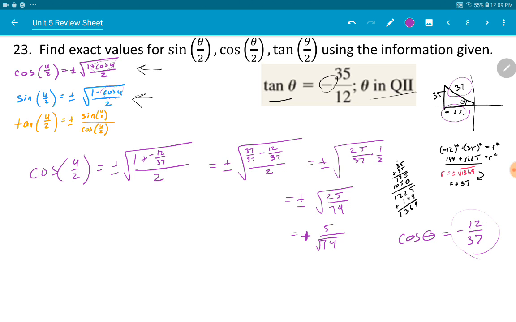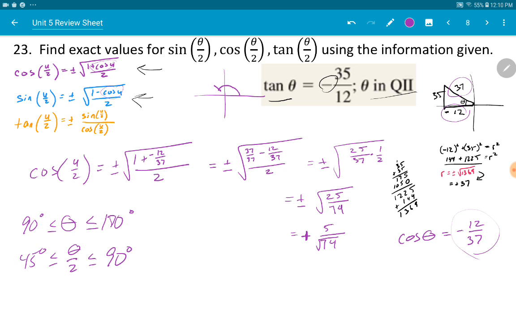Okay, so I should have stopped there to determine the sign. If our angle is in quadrant 2, so somewhere between 90 degrees and 180 degrees, that means half our angle is going to be somewhere between 45 degrees and 90 degrees.